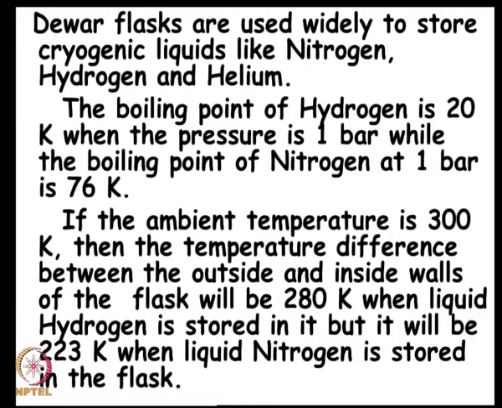So, by normal wisdom you would expect the heat transfer into the Dewar flask containing hydrogen to be larger than that containing liquid nitrogen, because the temperature difference is larger. But it was found by experiment that this was not so.